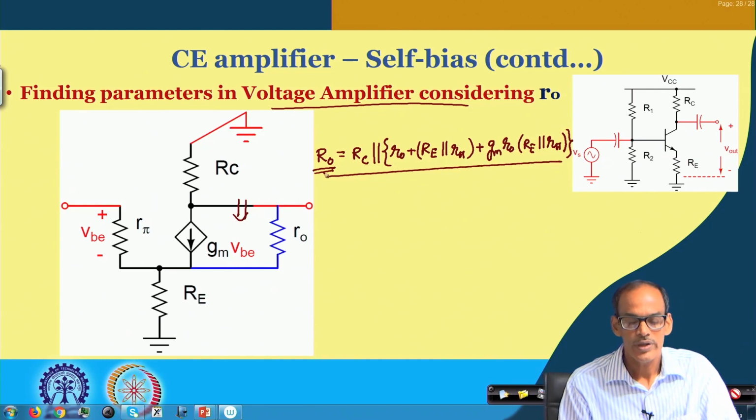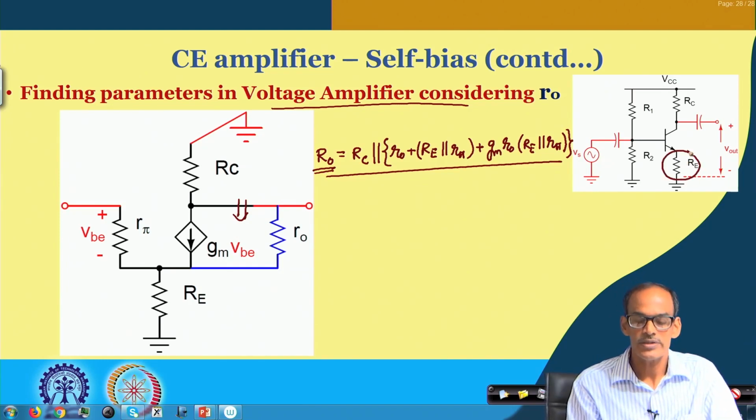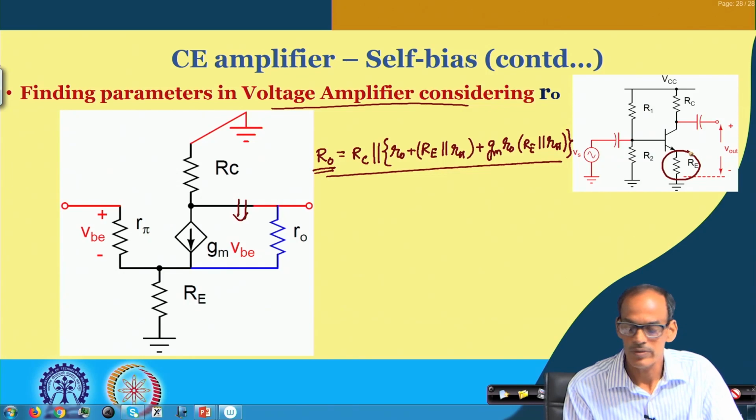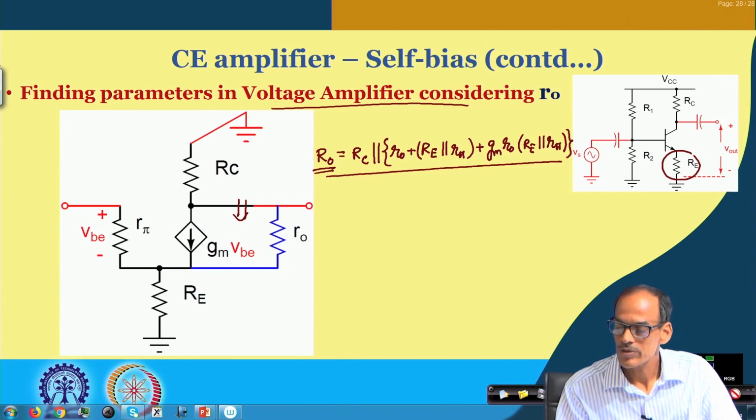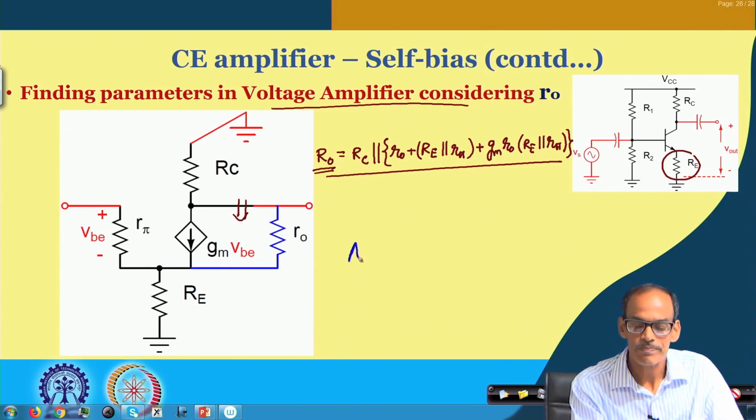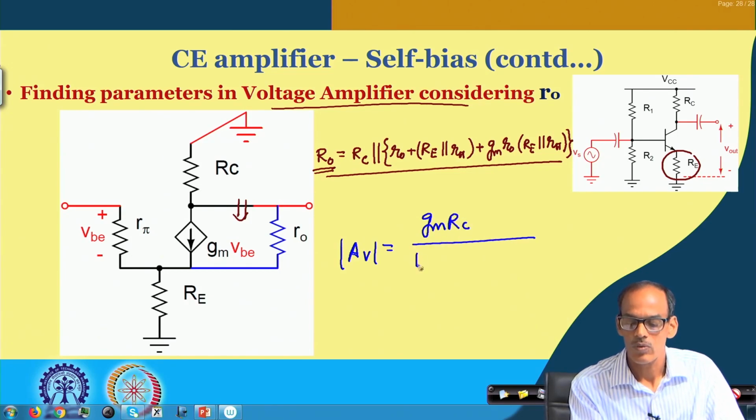Now, what we have said is that we are placing this emitter resistor to make the circuit's operating point desensitized against beta variation, but it is also making the gain drop to a smaller value, namely the voltage gain AV, magnitude wise, is GM into RC divided by 1 plus GM into RE.